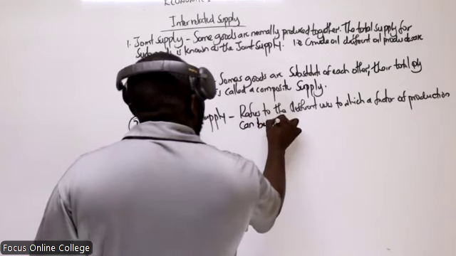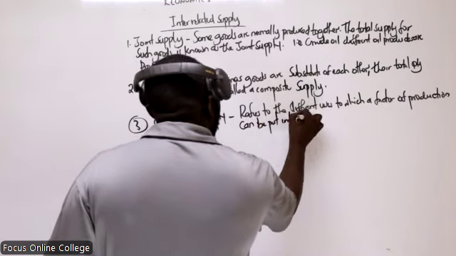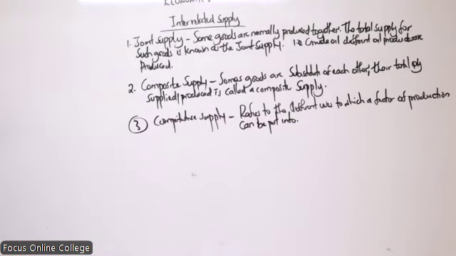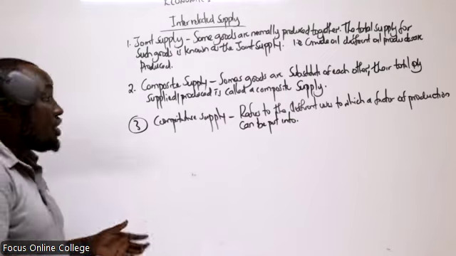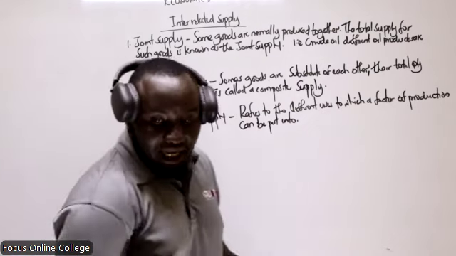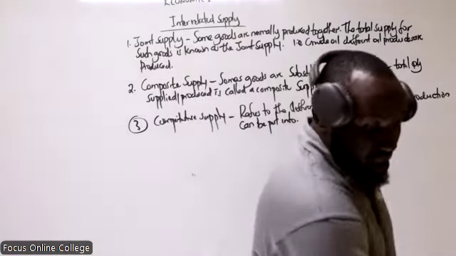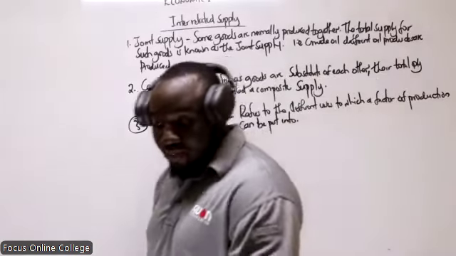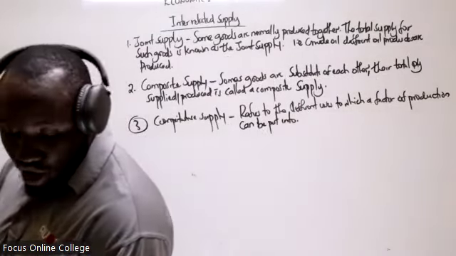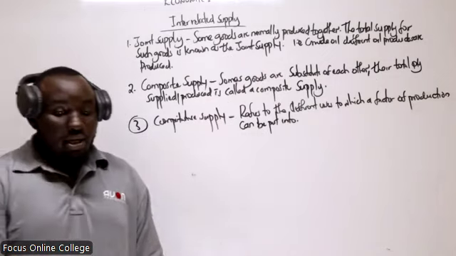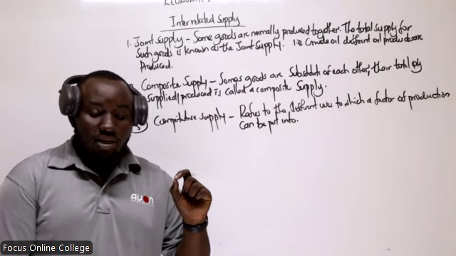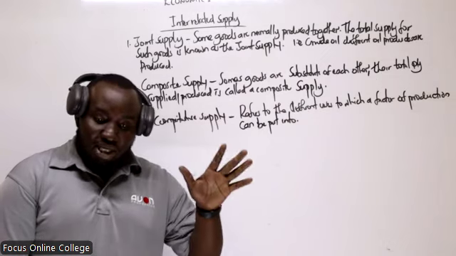That is what we call a competitive supply. And we all understand the factors of production: labor, land, capital, entrepreneurship. Are we together? If you're together, give me a yes.